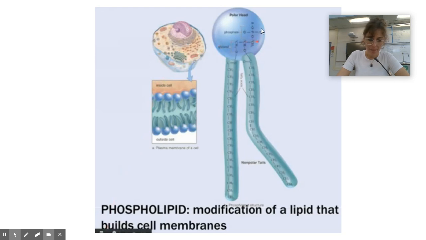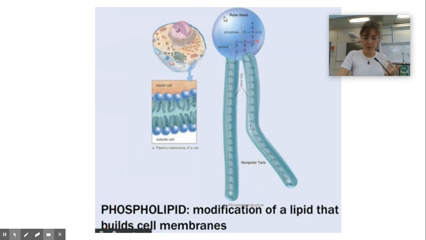And so this phosphorus, as you can see, is surrounded by oxygens. And we know oxygens are very, very electronegative, so these bonds are going to be very, very polar. And so it makes this whole head a polar head. And we know polar molecules like water.